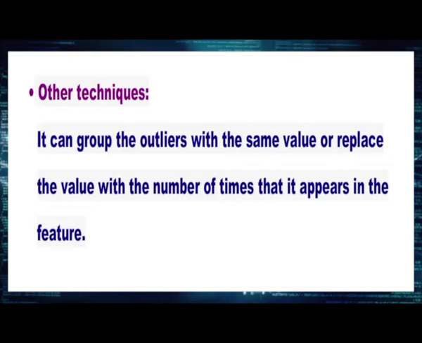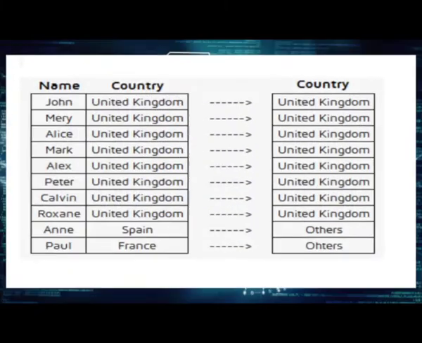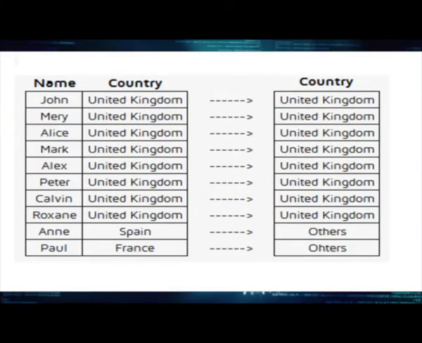The last one is the other techniques. It can group the outliers with the same value or replace the value with the number of times that it appears in the feature. In the table, the different persons are from the country United Kingdom, only the last two persons are from Spain and France. So they will be considered as outliers and they are marked as others on the right hand side of the table.